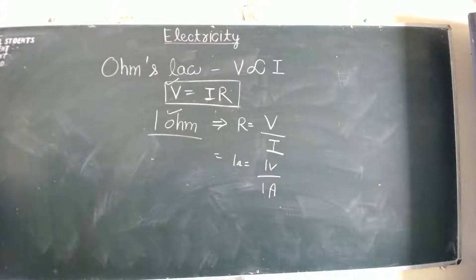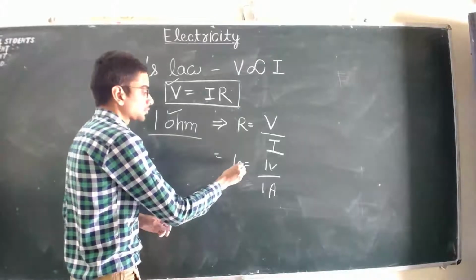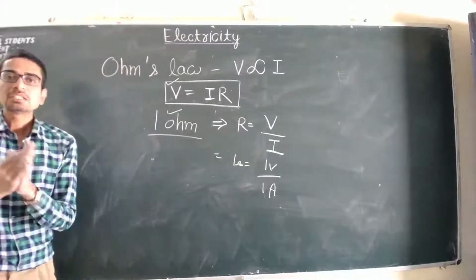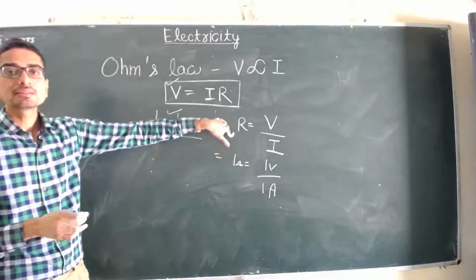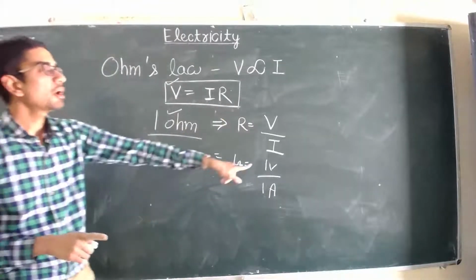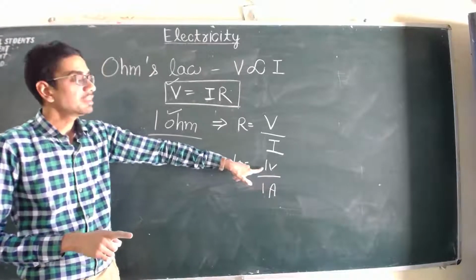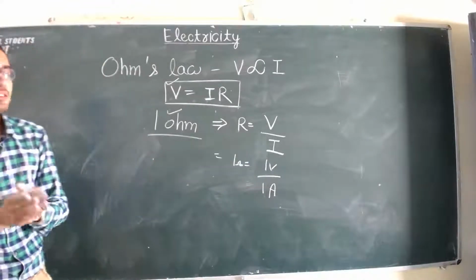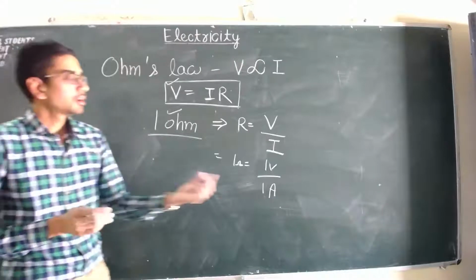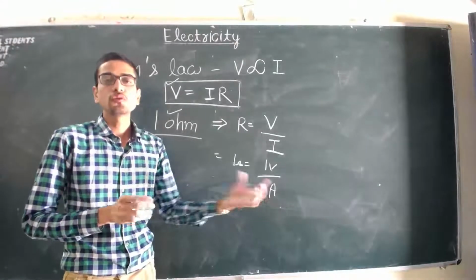Anyone? 1 ohm is the resistance when 1 volt of potential difference and 1 ampere of current flows.